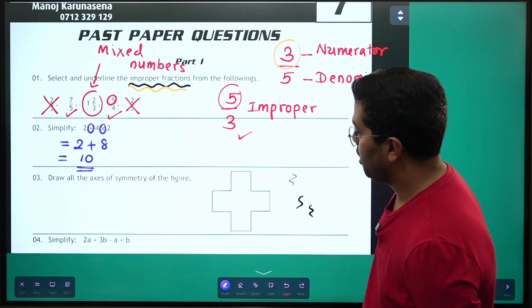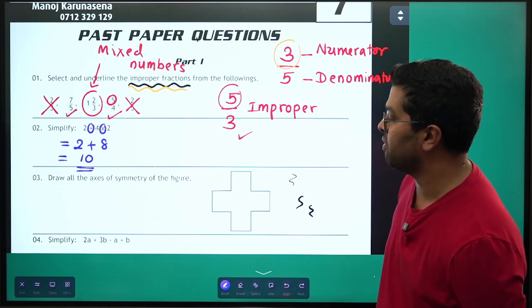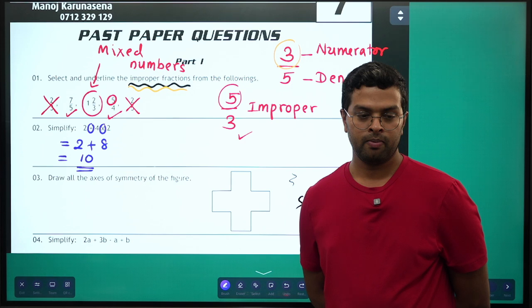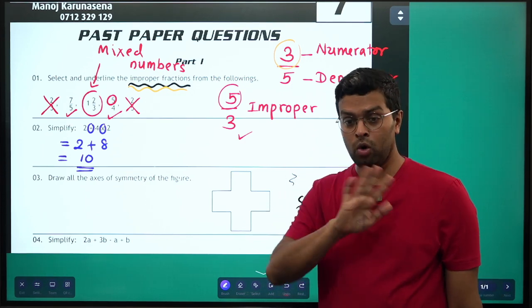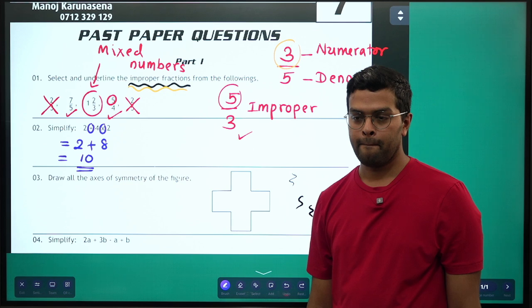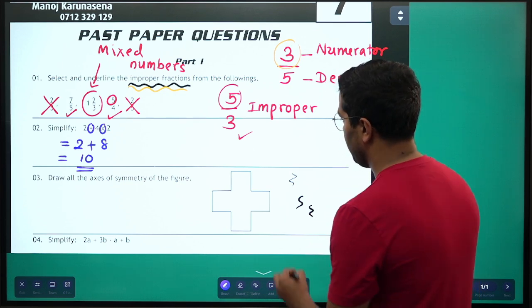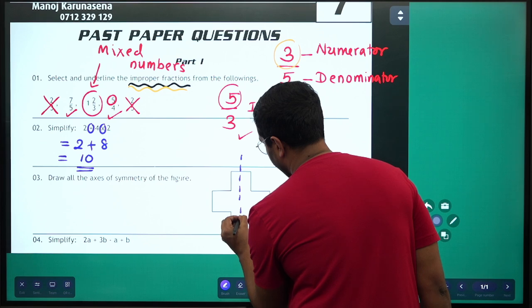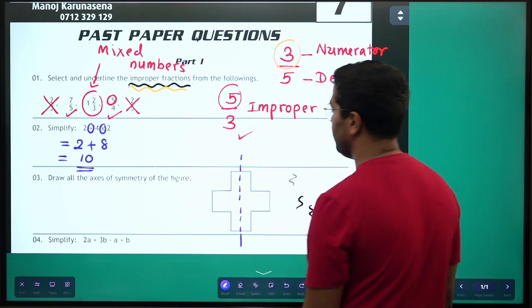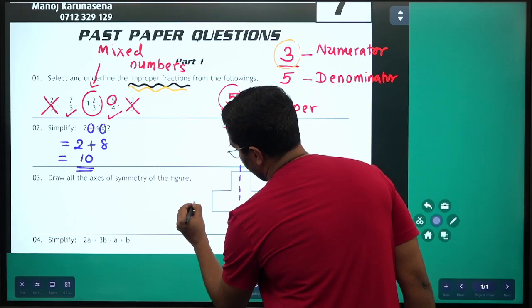Draw all the axes of symmetry of the figure. So this is an axis of symmetry, one axis of symmetry. This is the other one.